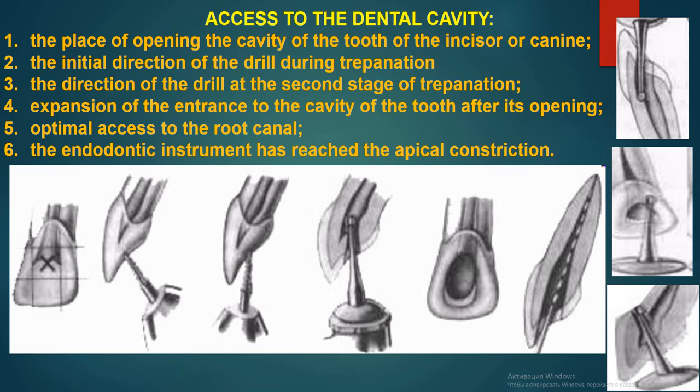Fourth, expansion of the entrance to the cavity of the tooth after its opening. Fifth, optimal access to the root canal. Sixth, the endodontic instrument has reached the apical constriction.